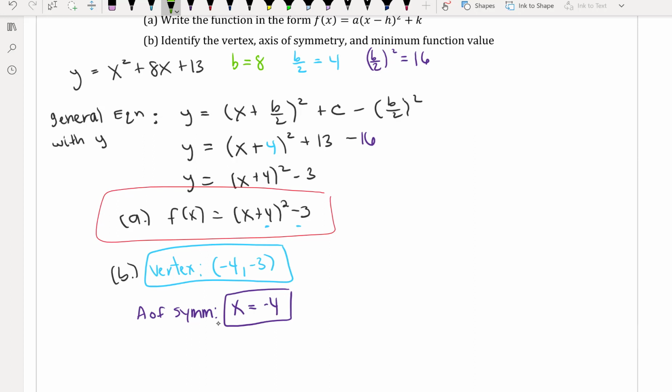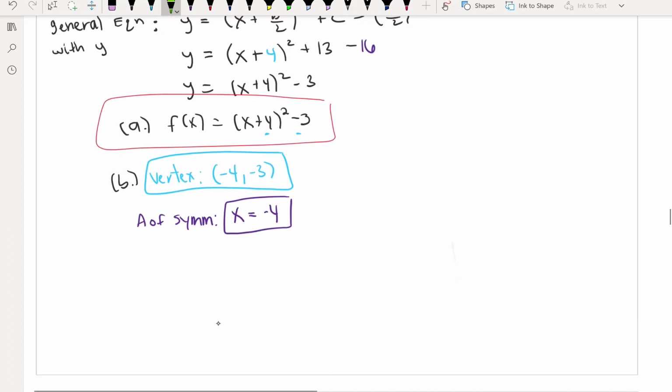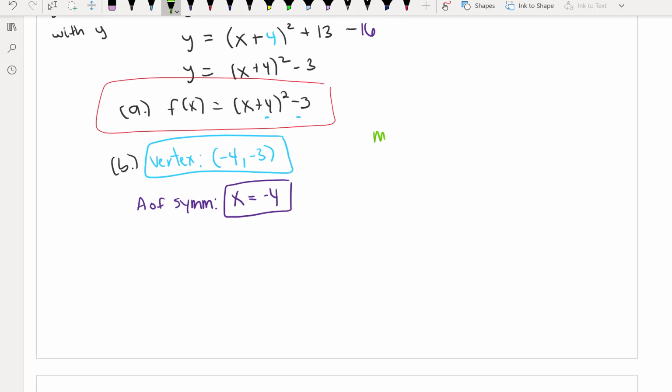And it also wants to know the minimum function value. So the minimum function value, what that is, all it is the y coordinate of the vertex.